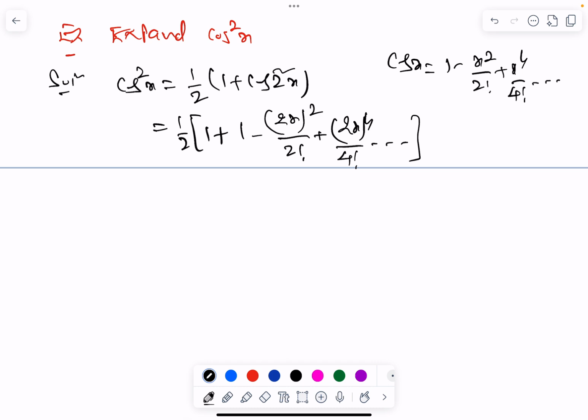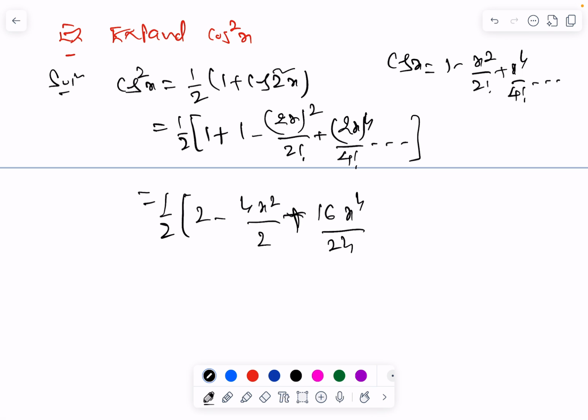So we have, this is 1 by 2, this is 2, minus 2 square is 4, this is x square, 2 factorial is 2, plus 2 power 4, 16, x power 4, 4 factorial 24, and so on.